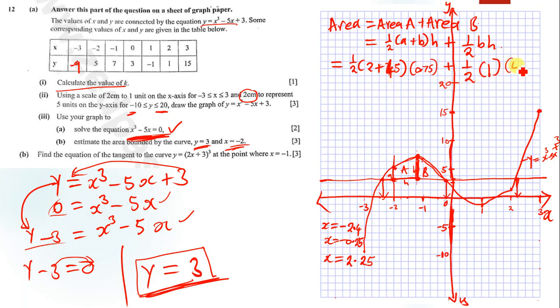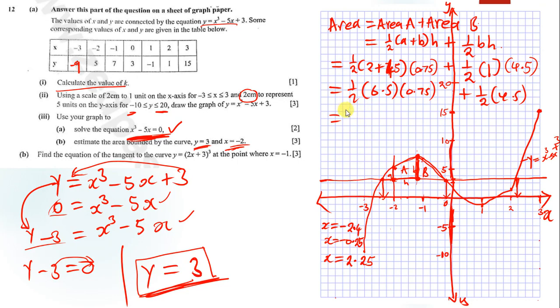So we are multiplying it by 4.5 as our height. So we can say half times (2 plus 4.5), which gives us 6.5, times 0.75. Then apart from that, we add it to half times 4.5.